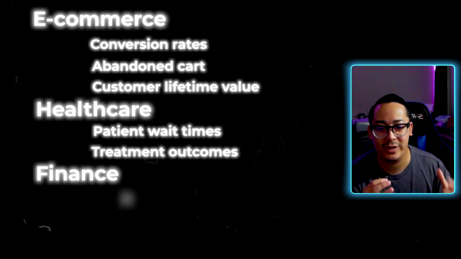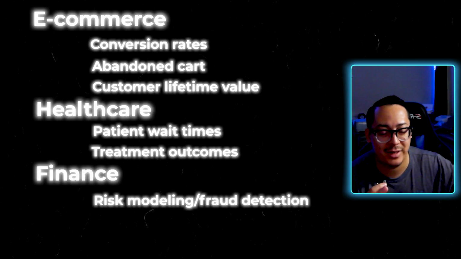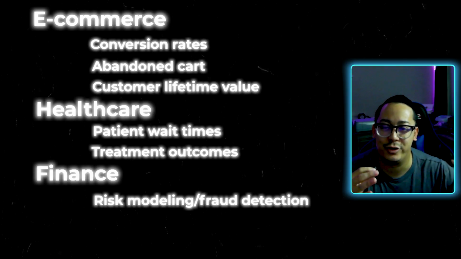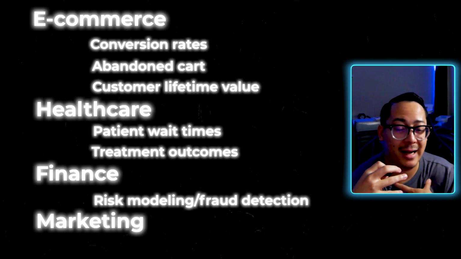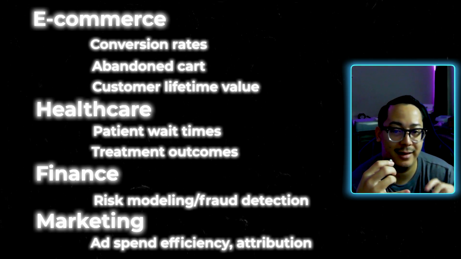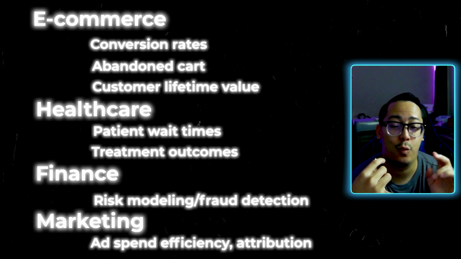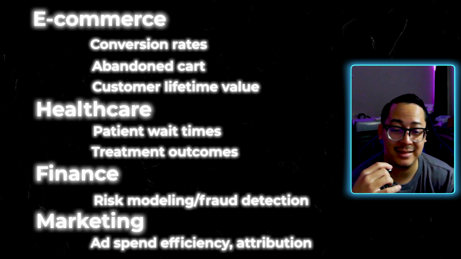Finance is a bunch of risk modeling. If you're going to invest or do something with money, what is your risk given a certain outcome? And marketing, specifically what I deal with, is you have a bunch of these keywords like ROAS, which is just return on ad spend, and these different attributions. What are we attributing it to, this campaign, that campaign, these types of things.